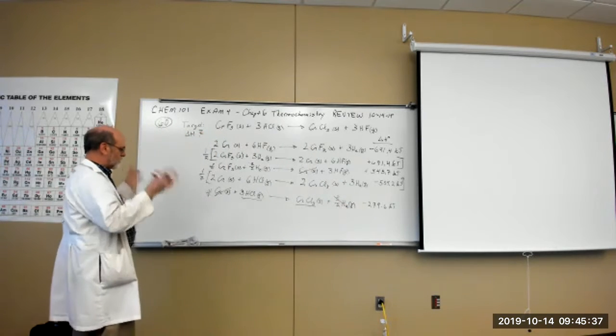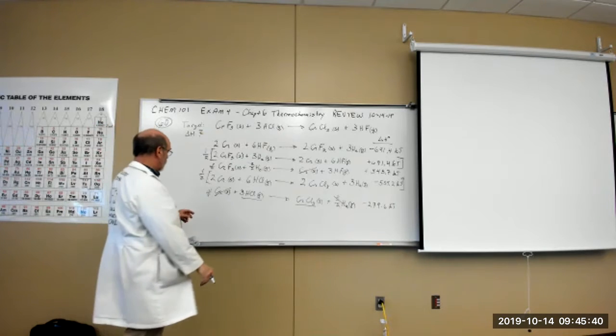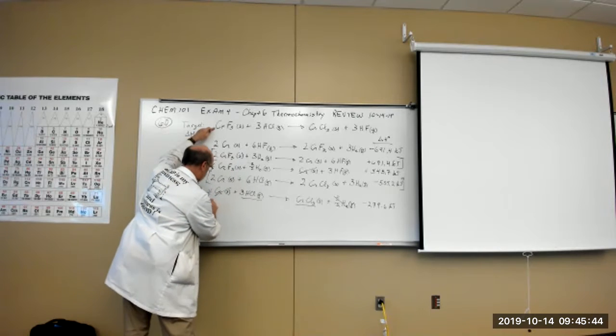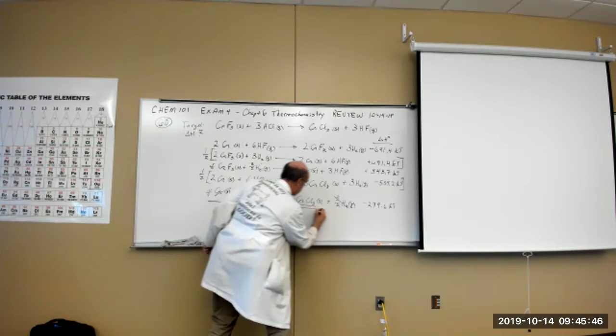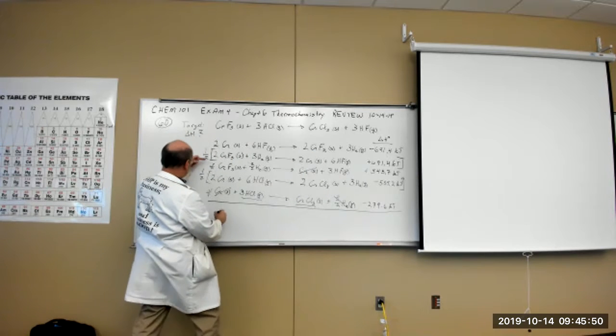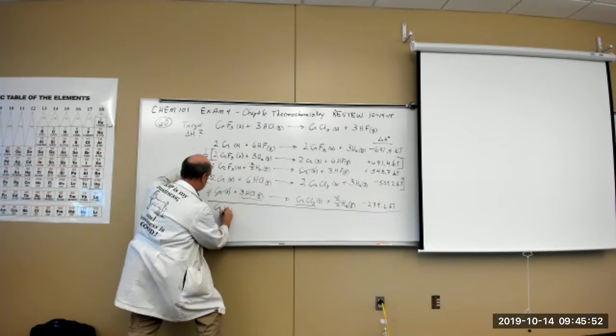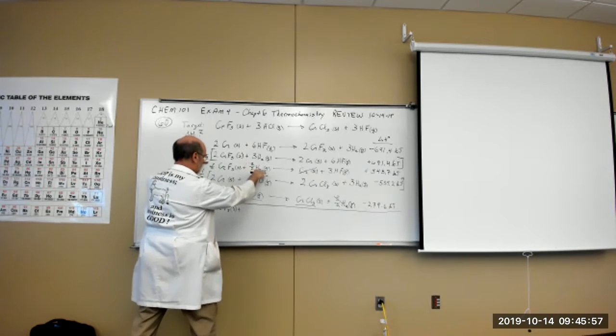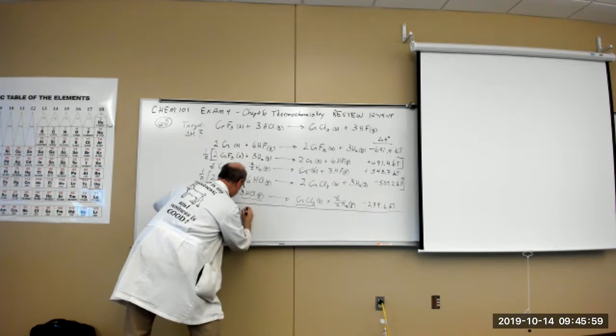Let's constantly do a reality check. Okay, now we can add them together. There's this one right there. Let's see, this one. And then that one's gone. We've got this one.